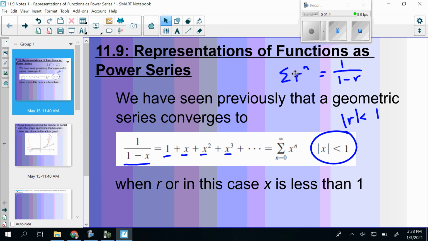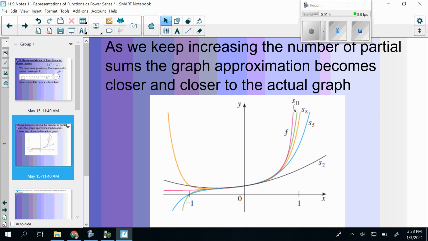What does this look like graphically? If we keep increasing the number of partial sums, the graph approximation becomes closer and closer to the actual graph. So if this red one here is the actual graph, as we keep using more and more partial sums, your approximation keeps getting closer.